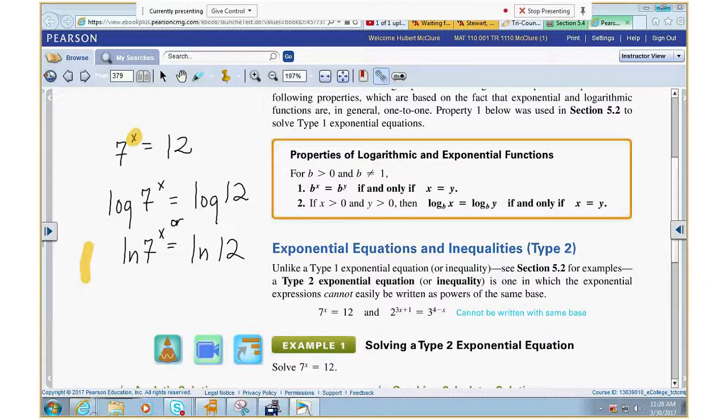Now, you've got the natural log of 7 to the x power is equal to what? Natural log of 12. Well, what did I tell you was the natural log of something, or the log of a number? What is that? It's a number. So you've got a number to the x power is equal to a number. That sounds like something else.